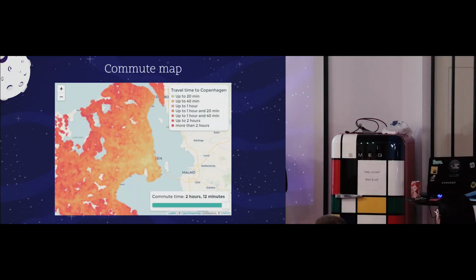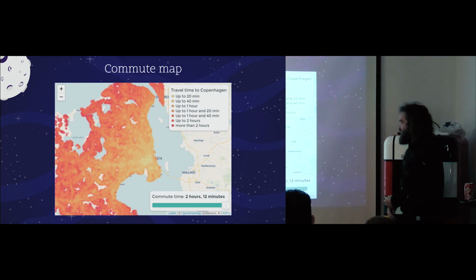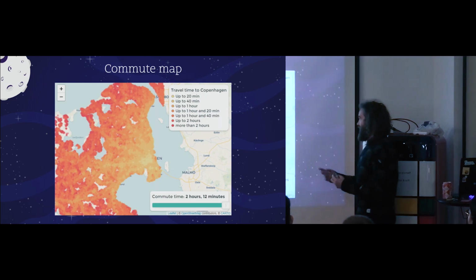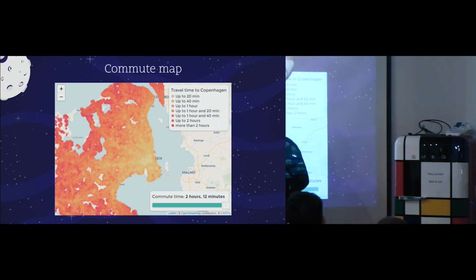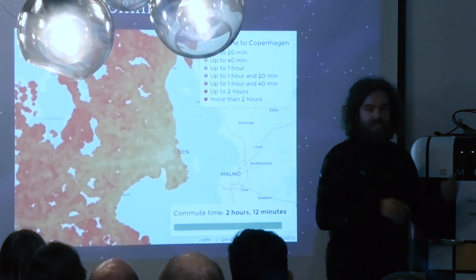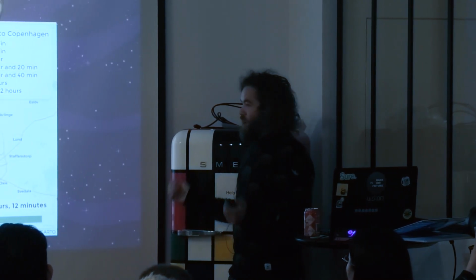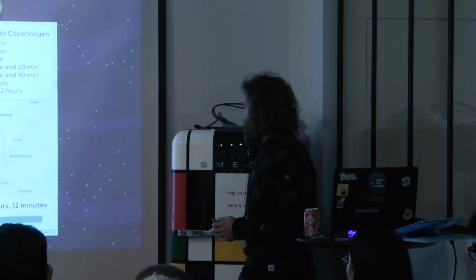Every one of these is an individual position. It has a latitude and a longitude. Then I'll figure out how far from here it is into Copenhagen, in commute time. So not the distance, but how long it will take with public transportation to get into Copenhagen.